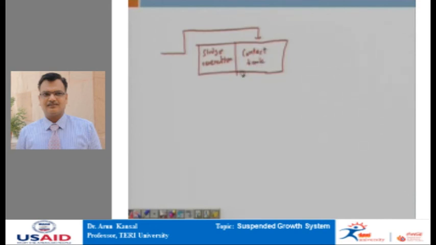So, what we are doing is just partitioning the aeration tank into 2. This is our secondary clarifier from where we are wasting the sludge and returning it to the tank. So, this is the layout plan of a contact stabilization.